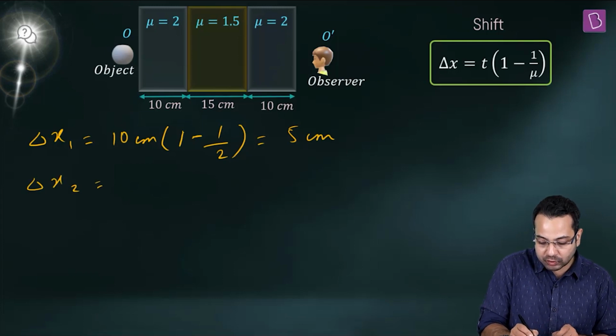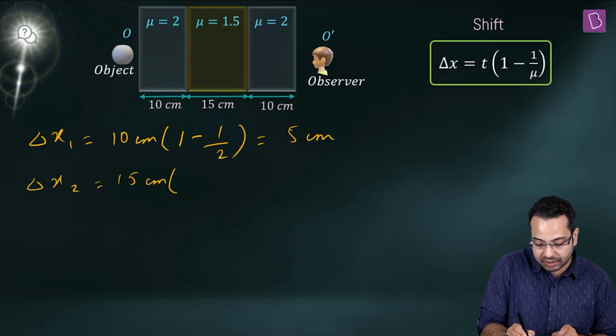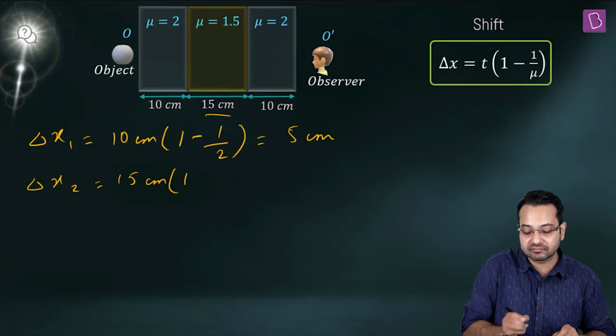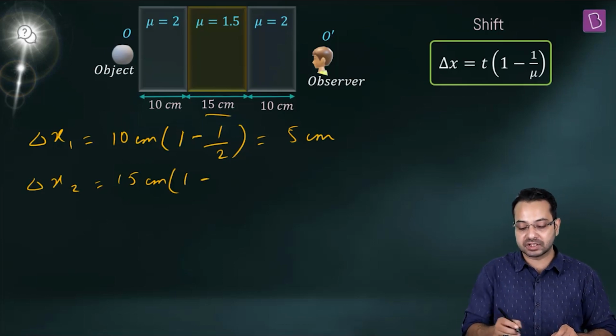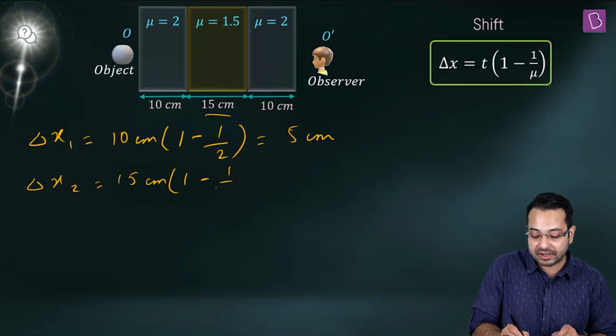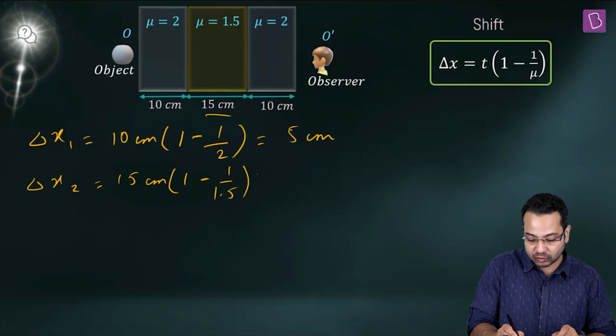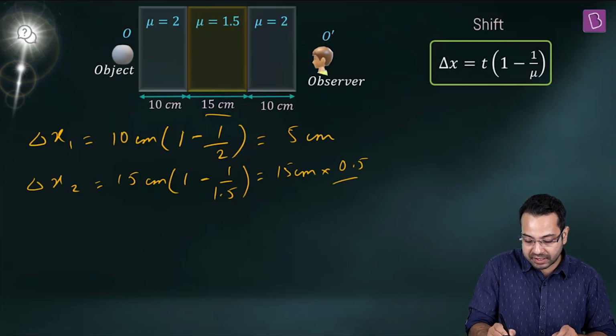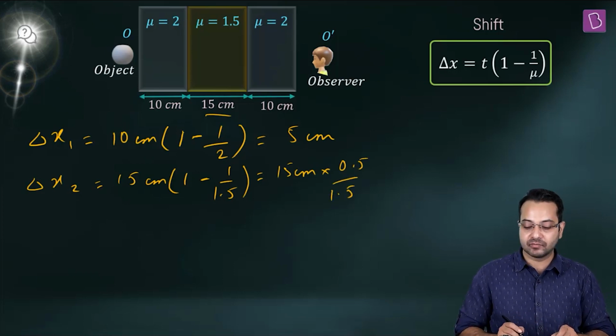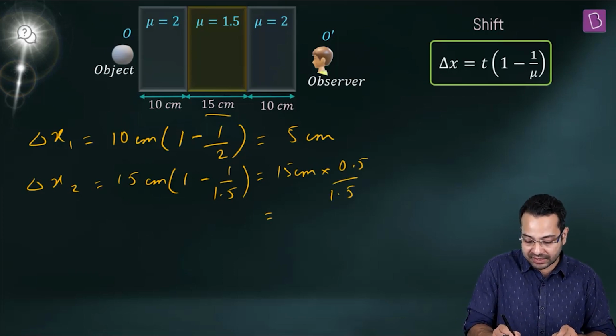Delta x2 is going to be equal to 15 centimeter, which is the thickness, into (1 minus 1 upon the refractive index, which is 1.5). So this is going to come out to be 15 centimeter into 0.5 upon 1.5. So this is going to give me 5 centimeter again.